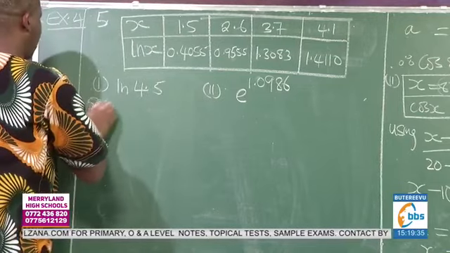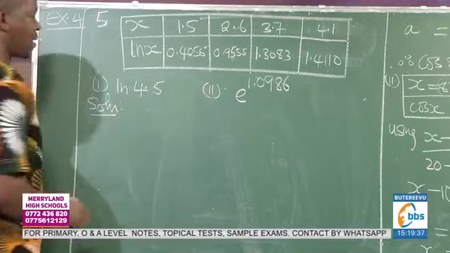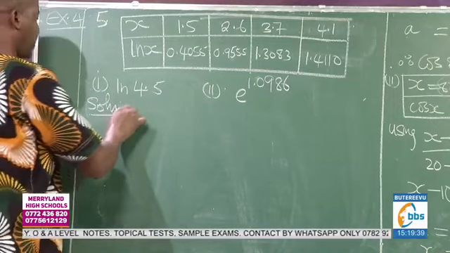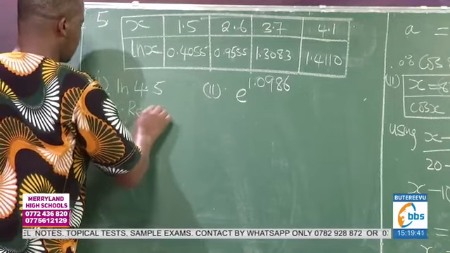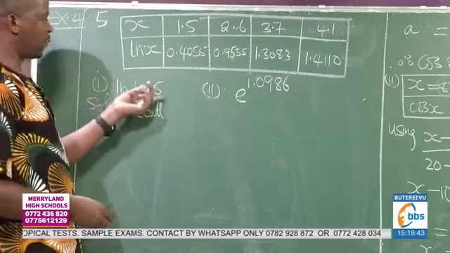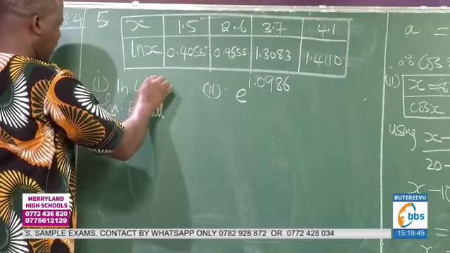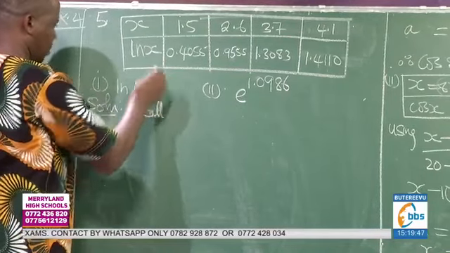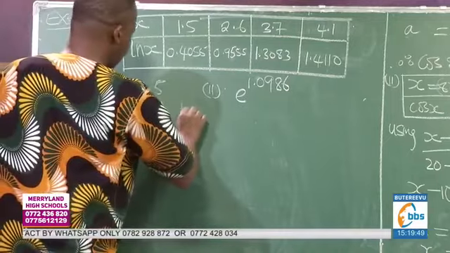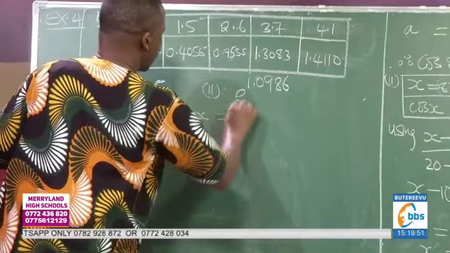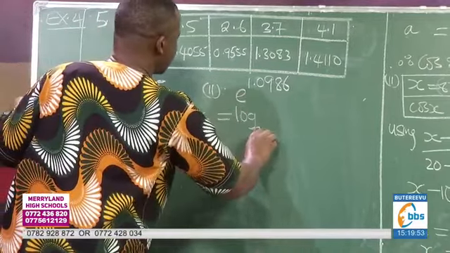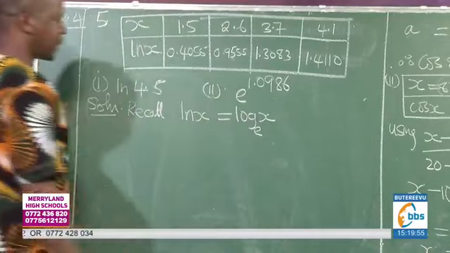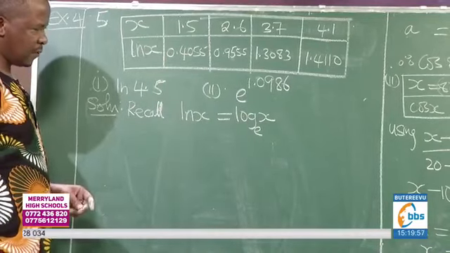As we prepare to work through, I can let students know this is not part of what you need for this solution, but you need to know this information. That ln of x can be written as the log to the e of x.